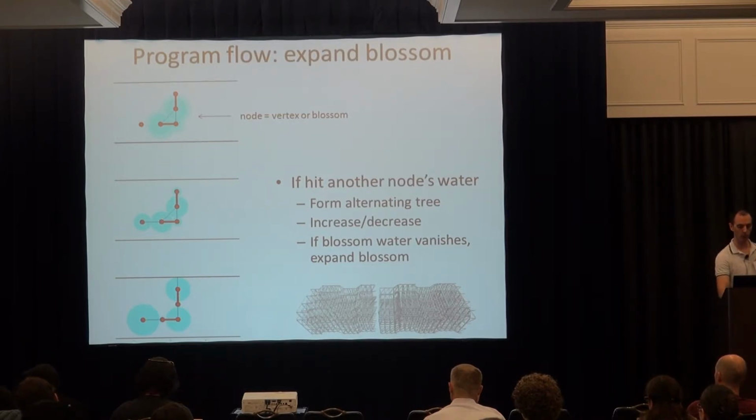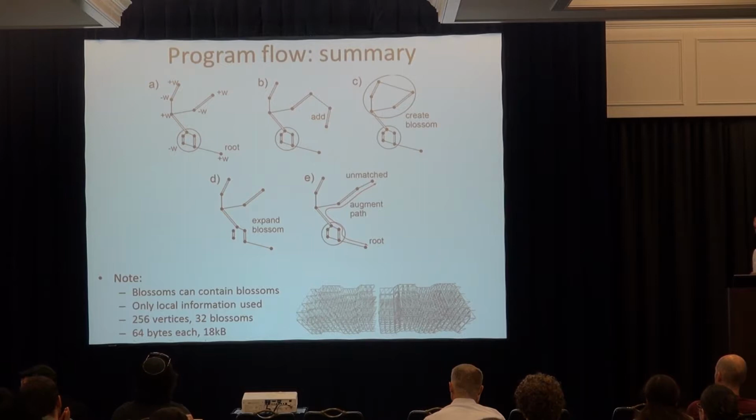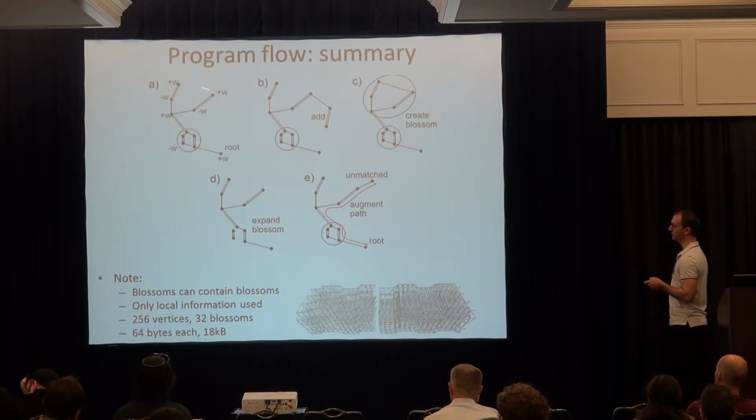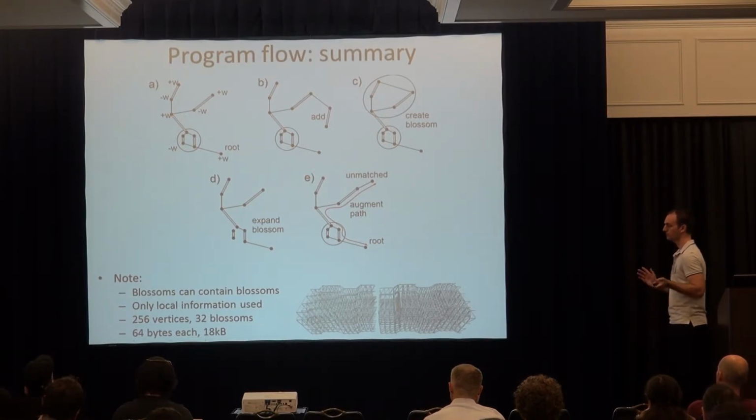So in more formal terms, you have these operations, and that completely characterizes the algorithm. So, you can either increase or decrease an alternating tree, that's one, add a matched pair to an alternating tree, create a blossom, expand a blossom, or augment a path from leaf to root. Those are the only operations you need to do in matching.